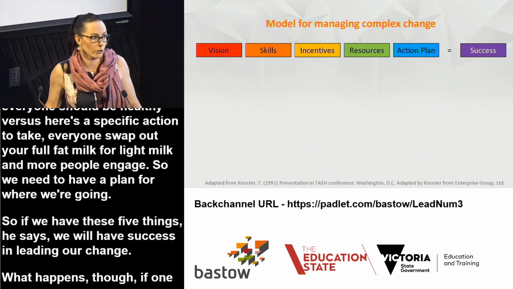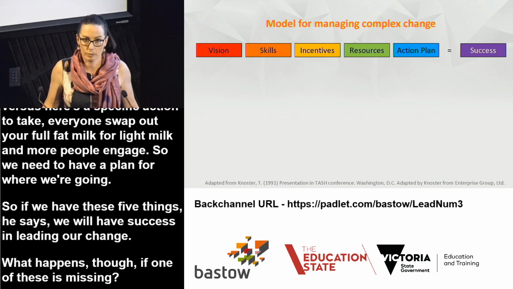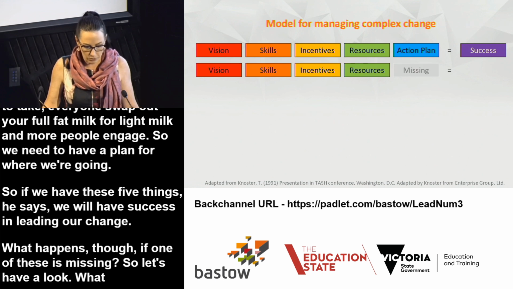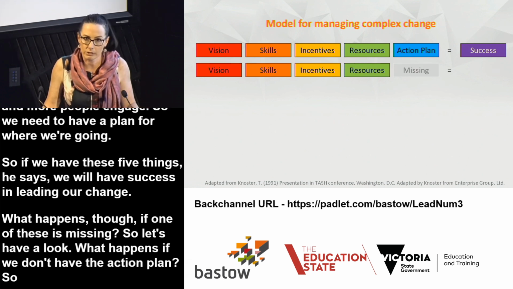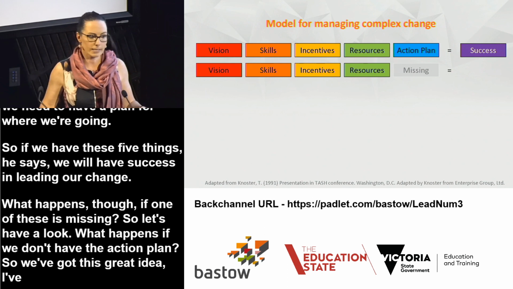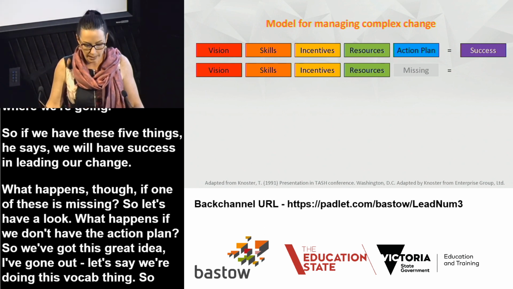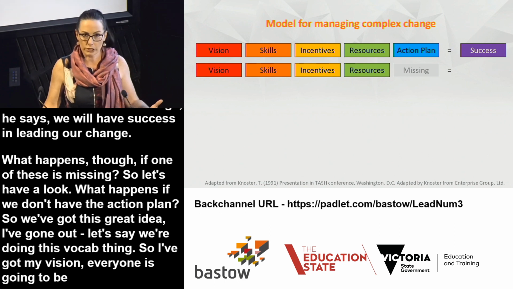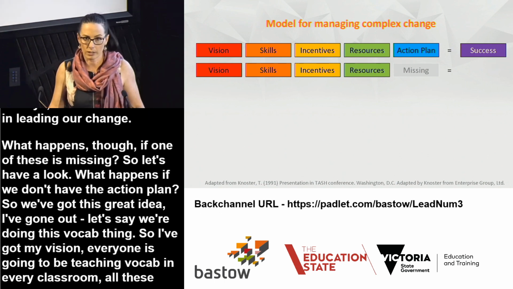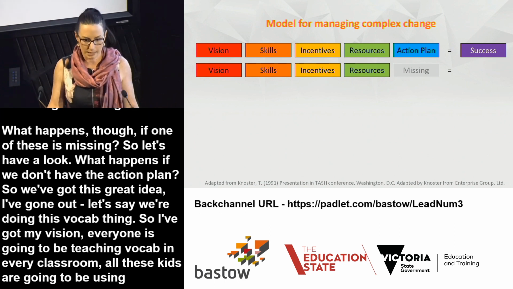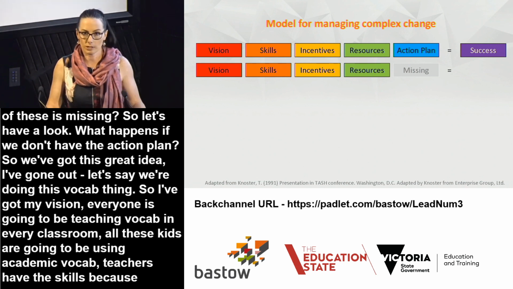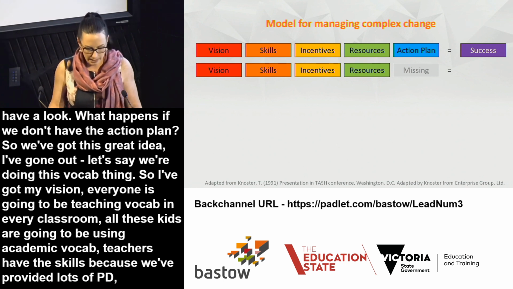What happens though if one of these is missing? Let's have a look. What happens if we don't have the action plan? So I've got this great idea. Let's say we're doing this vocab thing. So I've got my vision. Everyone's going to be teaching vocab in every classroom. All those kids are going to be using academic vocab. Teachers have got the skills because we've provided lots of PD.